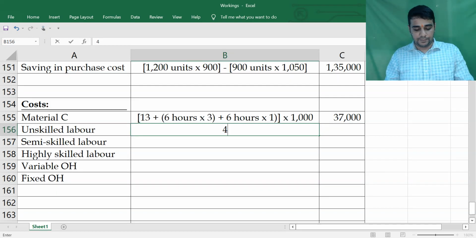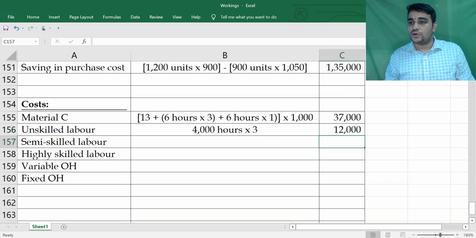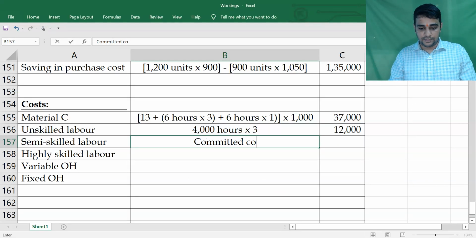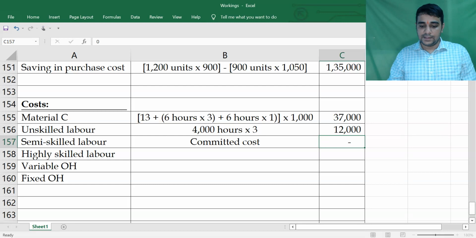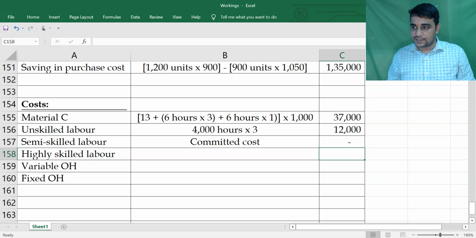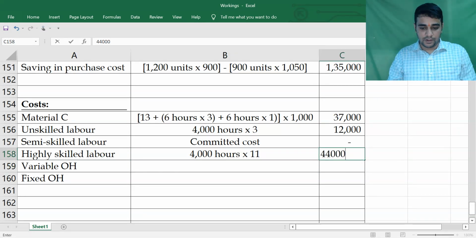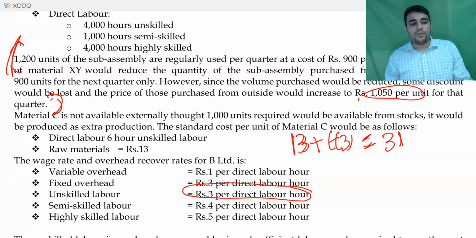Unskilled labor 4,000 hours into 3. Semi-skilled is committed cost 0. Highly skilled is 4,000 hours into how much? 11. 44,000. Variable overhead is 4,000 hours of unskilled, 1,000 hours of semi-skilled, another 4,000 hours of highly skilled, 9,000 hours.